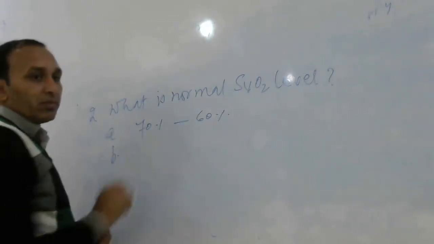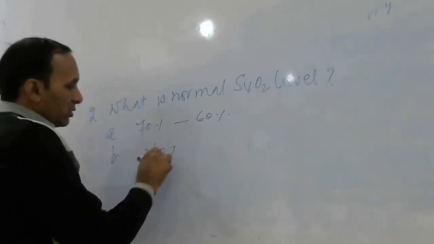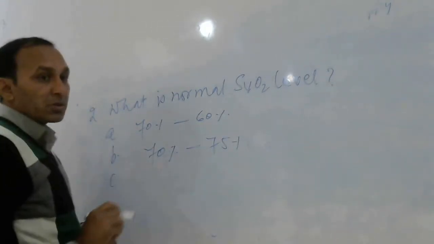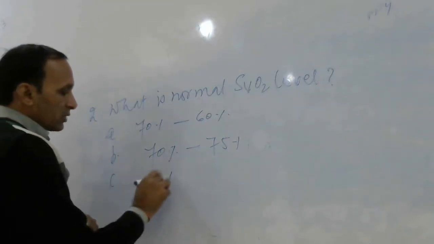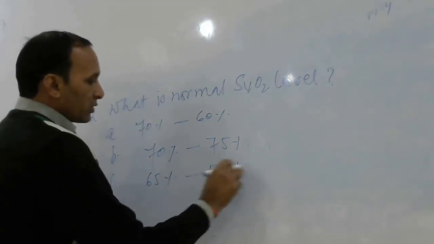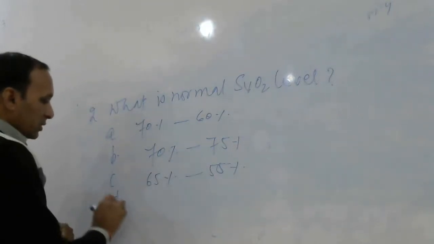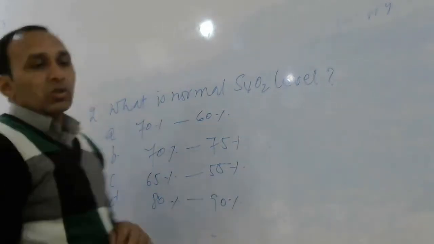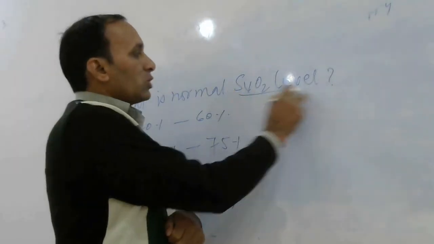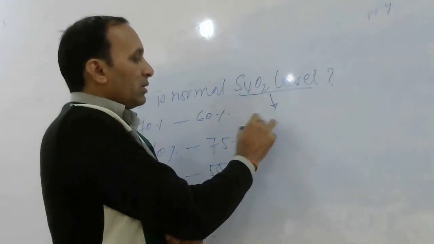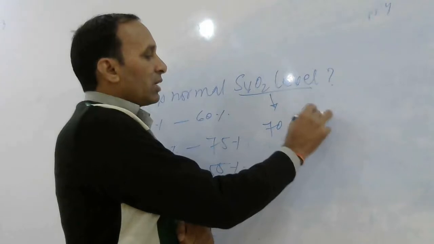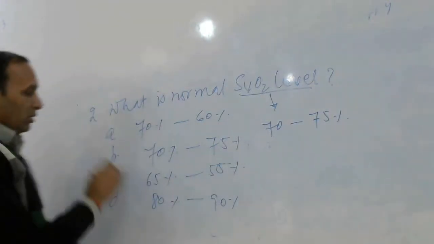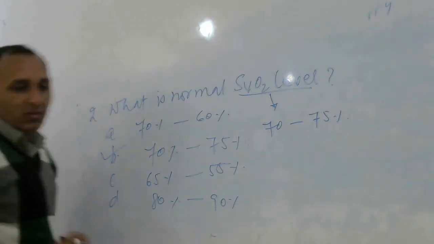B option, 70% to 75%. C option, 65% to 55%, and D option given 80% to 90%. So students, normal SpO2 level is between 70 to 75%. So the correct answer will be B option, that is the correct one.